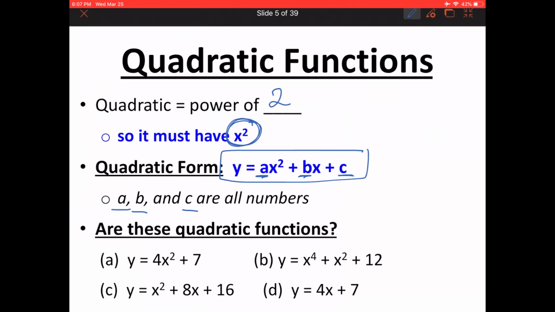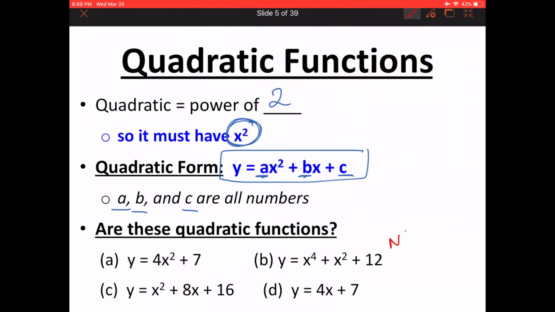So look at our examples here, examples A, B, C, and D. Would they be quadratic functions? I'm going to give you just a second here to think about that. And a few of these are tricky, but let's get started. I'm going to start with example B because that might be one of my more obvious ones.